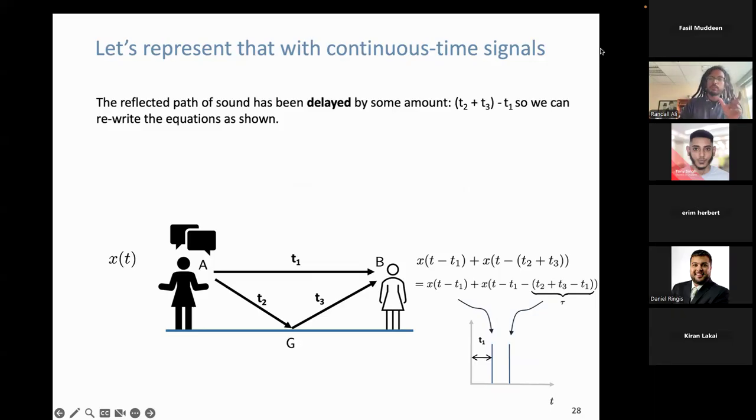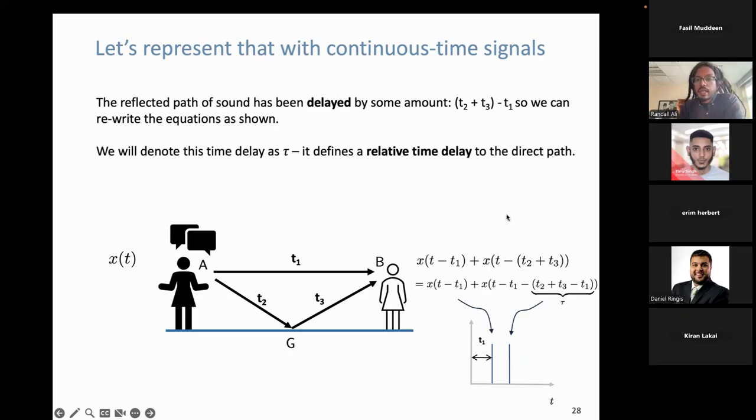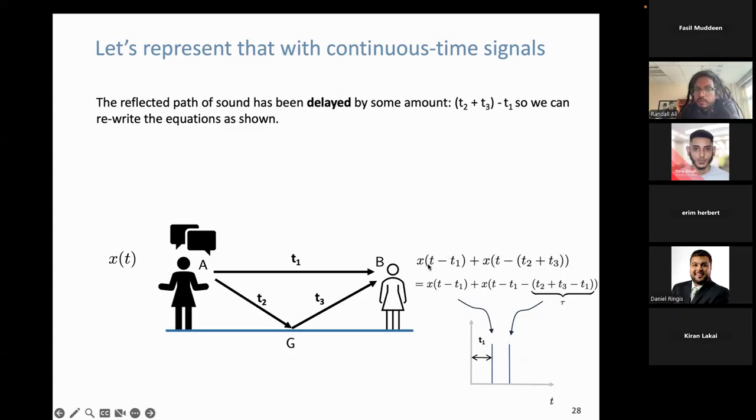We can do a sort of mathematical trick here. We can rewrite things in another way that's a little more convenient for developing the system that we want. So we have the same signal x of t minus t1, and x of t minus (t2 plus t3).